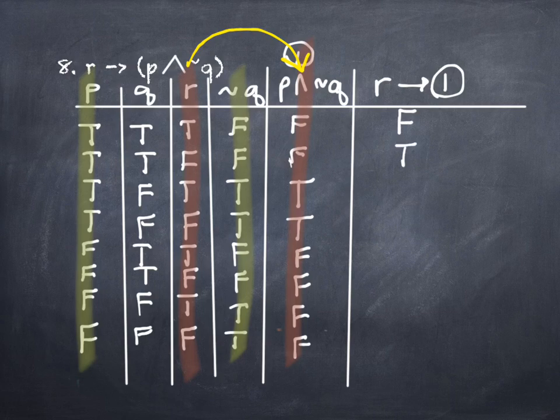The third one is true, true, which is true. The fourth one is false, true, which is true. Anytime it starts out false, it's a true statement. The fifth one is true, false, which is false. The sixth one is false, false, which is true. The seventh one is true, false, which is false. And the last one is false, false, which is true. Is it a tautology? No, not a tautology.